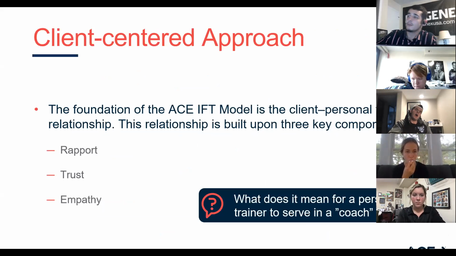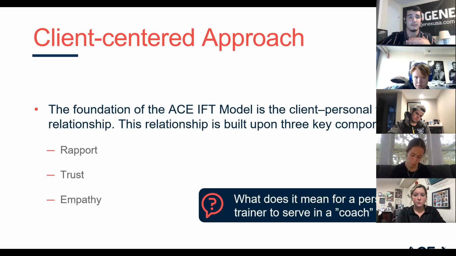ACE focuses on a client-centered approach, and we talked about this a little bit last week with rapport, right? Just building the trust of your client. The rapport component is how much the client values your information, what you're telling them. Everybody knows what trust is.